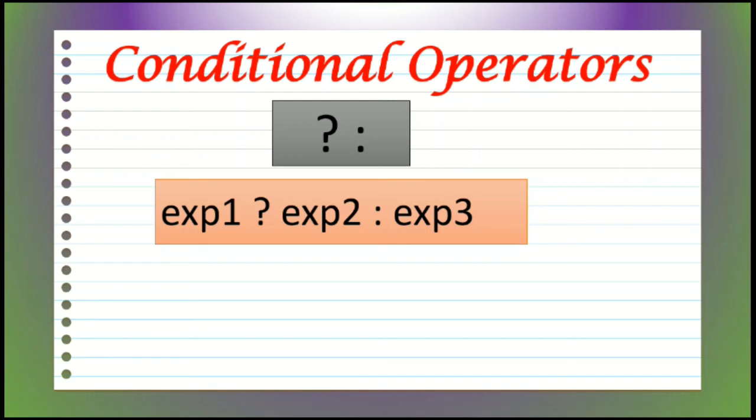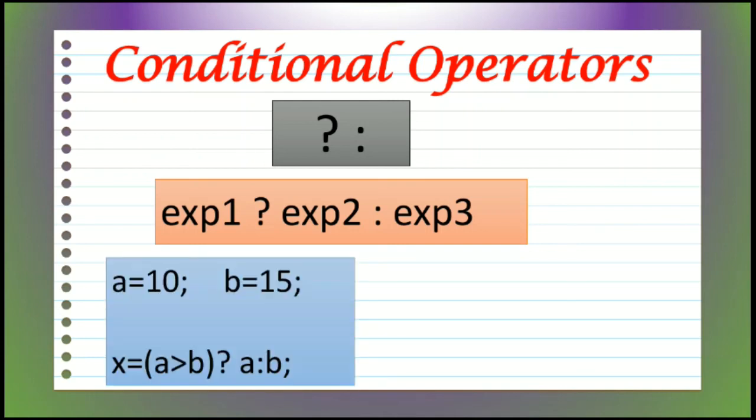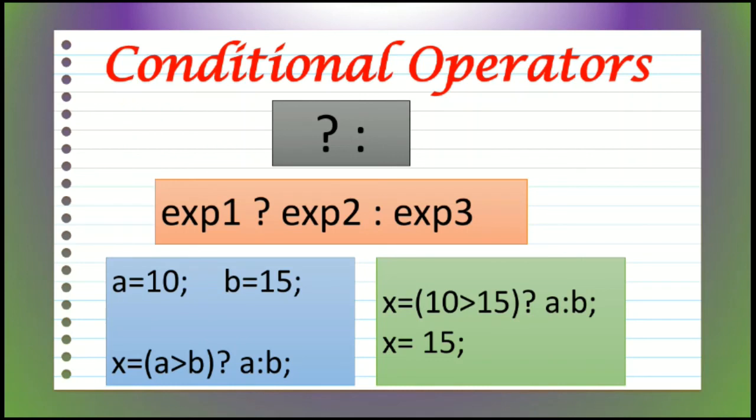For example, if A is equal to 10 and B is equal to 15, and by using the conditional operator, the statement is x equal to A is greater than B, then question mark and then A colon B. So here expression 1 is A is greater than B, expression 2 is A, and expression 3 is B. So in this example, 10 is greater than 15, which is false.